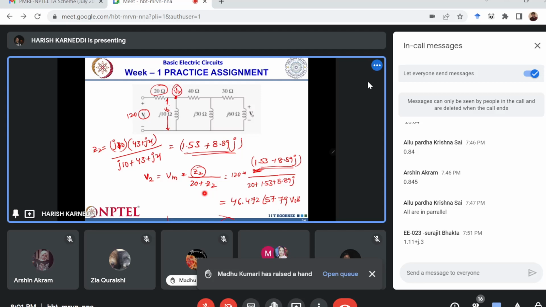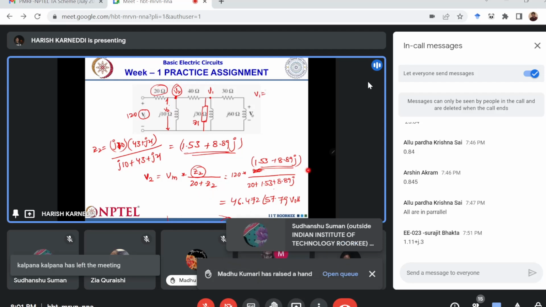We know V2. What about the value at this point, V1? We have the impedance across this point, that is Z1. Again we will apply the voltage divide rule, that is V1 equal to total voltage, which in this case is V2, into Z1 by Z1 plus this 40.